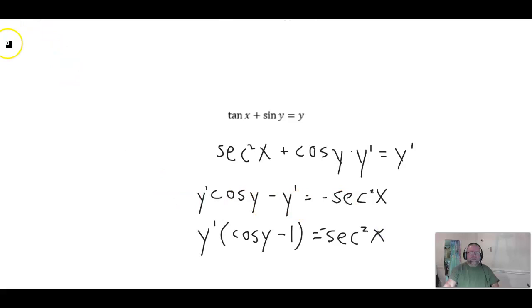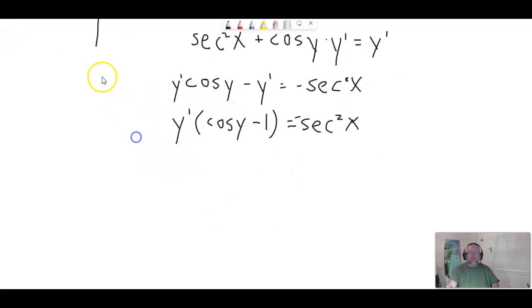And finally, I will need to divide both sides by the factor here.